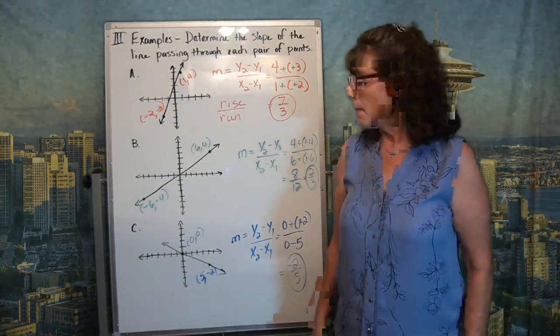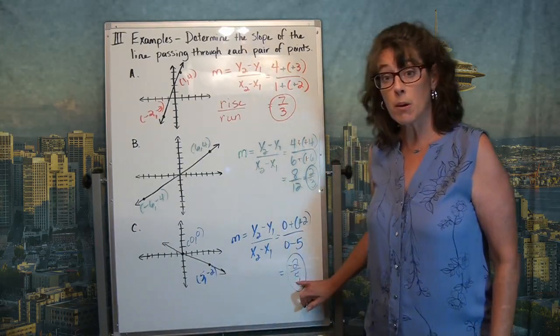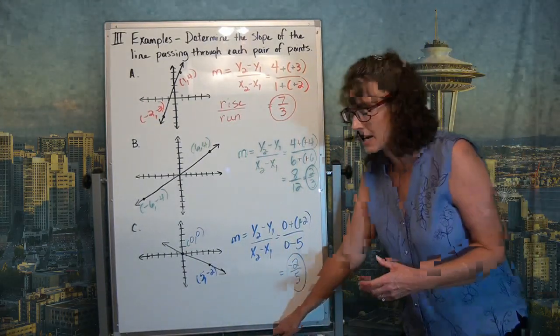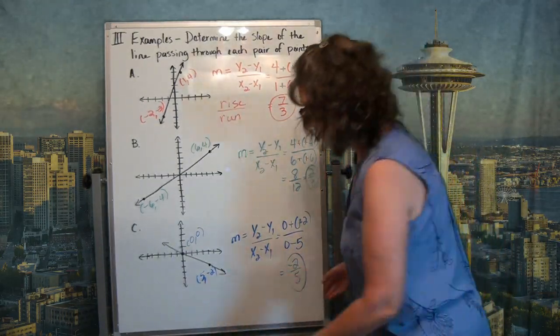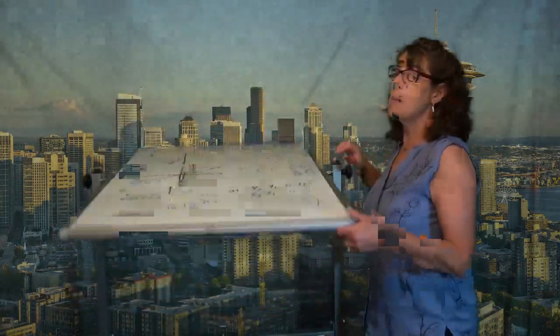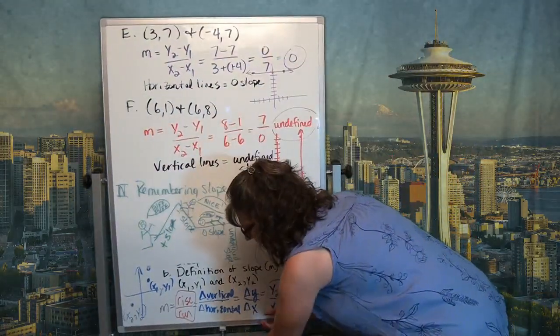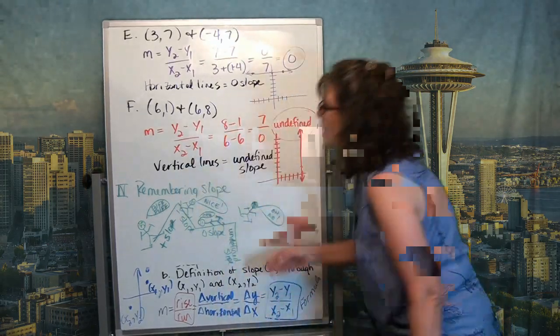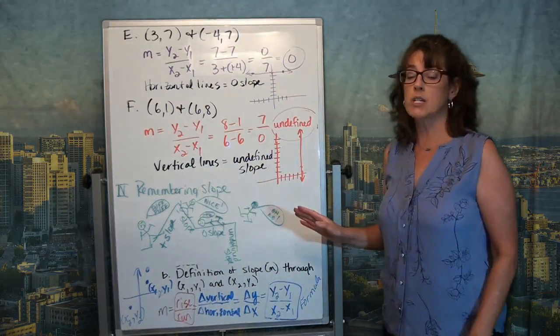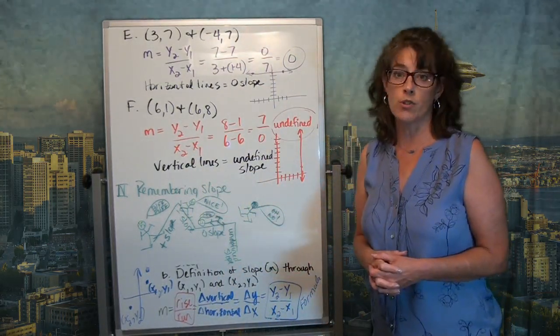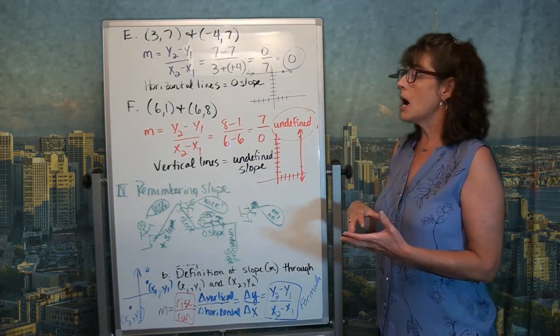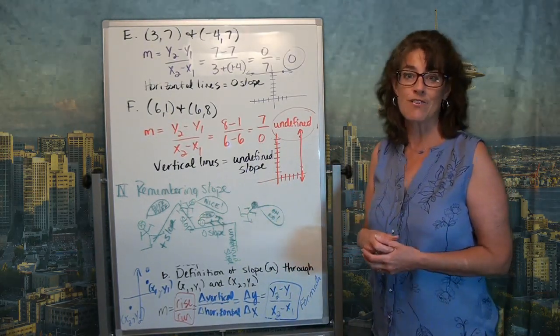I don't know. But I do know when it tilts like this, I better come up with a negative slope. So that's a great way to double check my work and make sure that I'm doing okay with this. More importantly, it helps tremendously with these horizontal and these vertical lines because people really struggle with the horizontal and the verticals and remembering which one is 0 slope and which one's undefined slope.